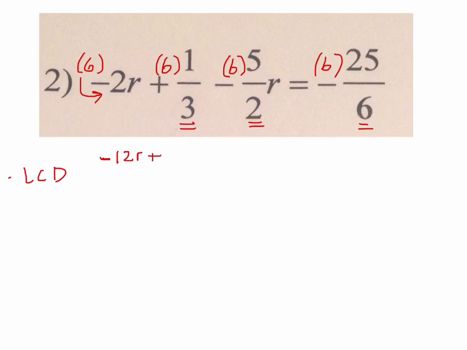Another way to do that, if you want, is to simply cross cancel: 3 goes into itself 1 time, 3 goes into 6 2 times, and that would give us 2 over 1, or 2 wholes, so plus 2.